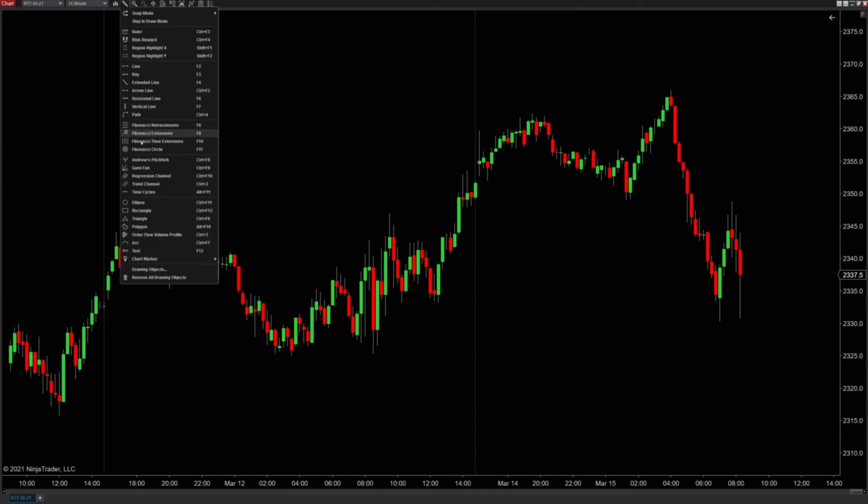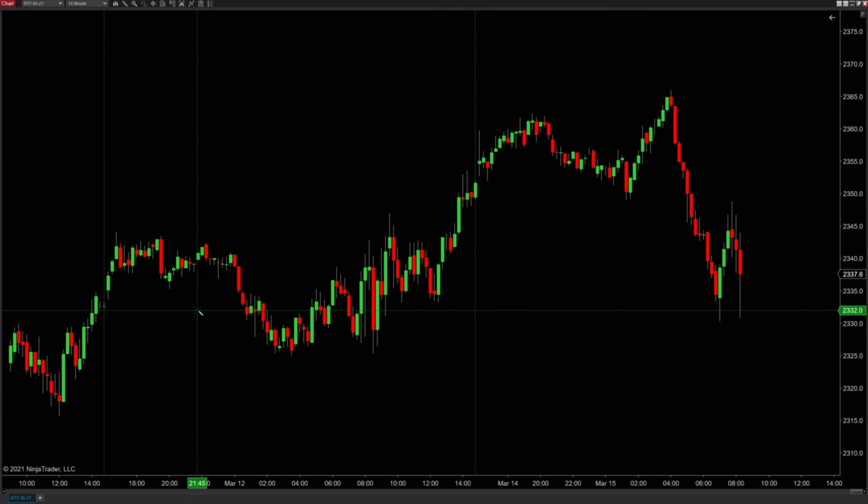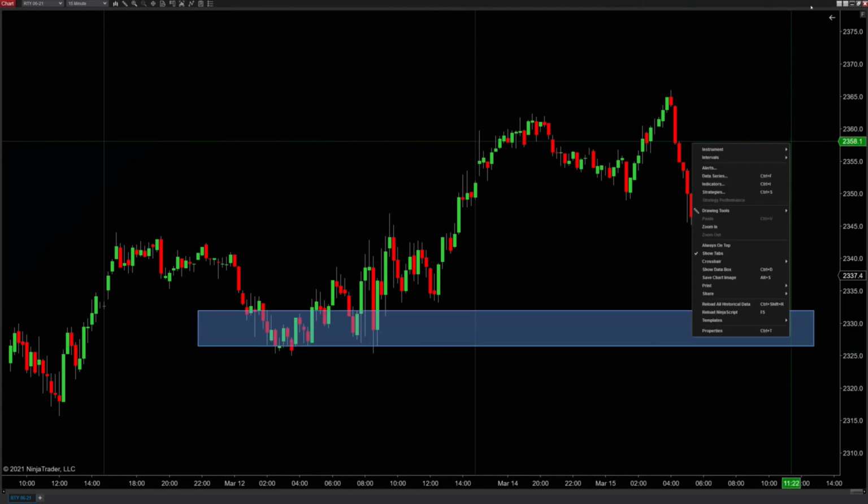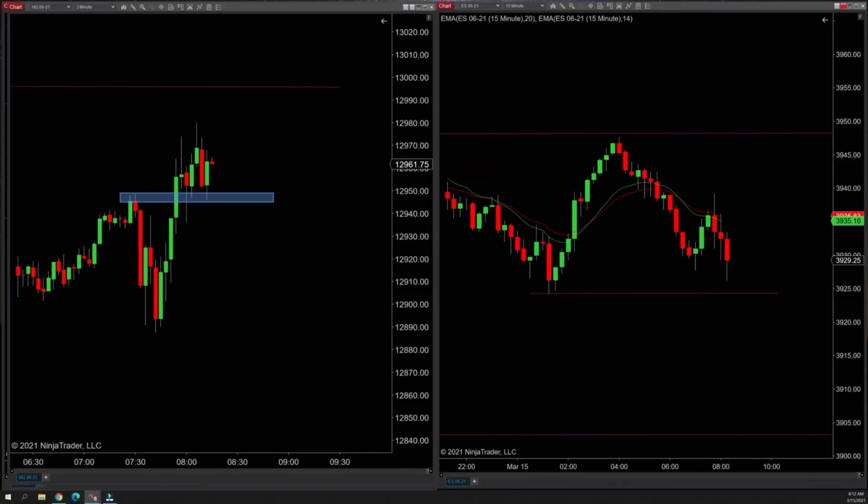Kind of this area of support. So that could have just been the test of the bottom. And now, excuse me, we may be seeing the bullish action come in for the day here now.